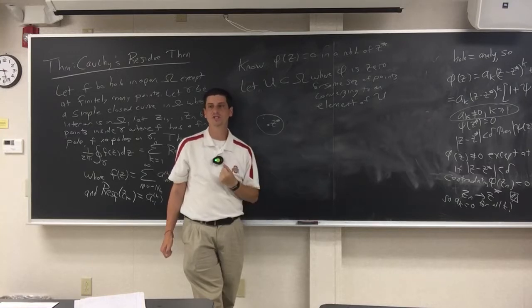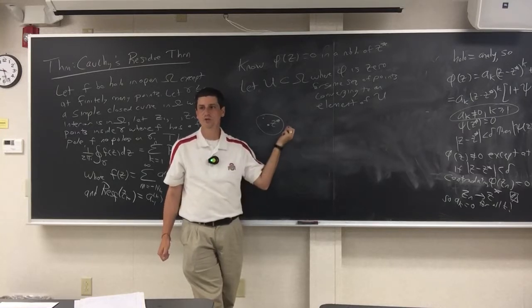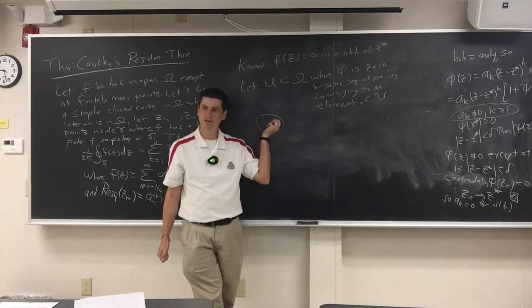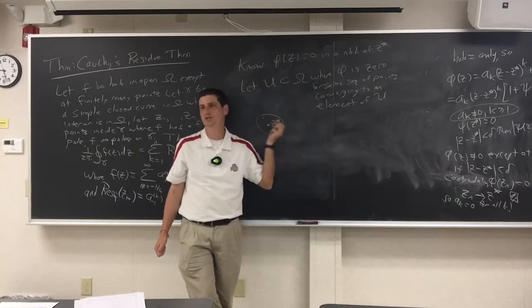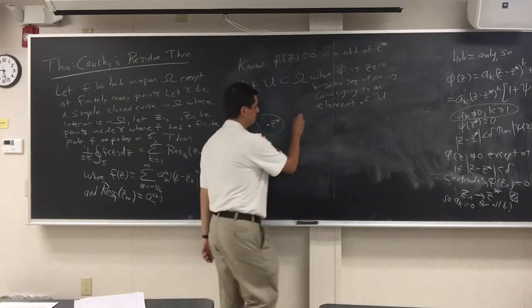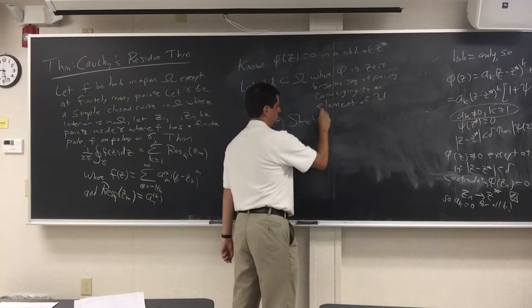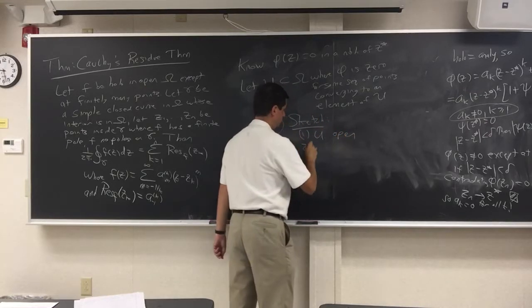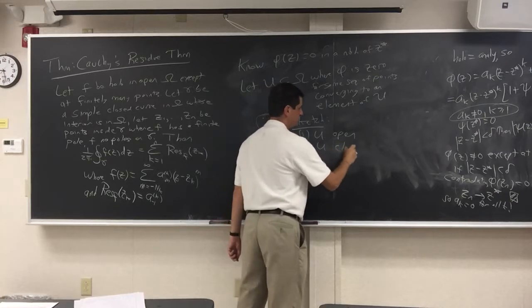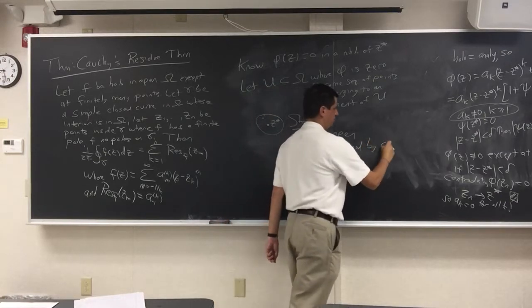U is also a closed set because by continuity, if you look at a sequence of points in this set, they're always equal to 0. They'll converge to something, and by continuity, that's 0. So here's the sketch. 1, U is open. 2, U is closed by continuity.